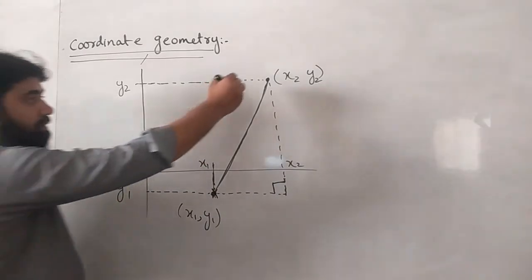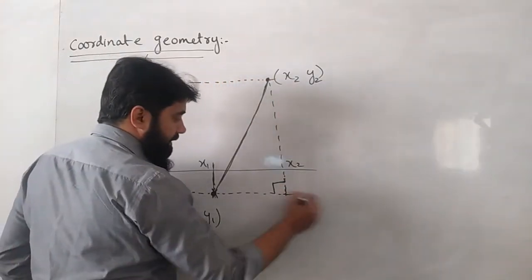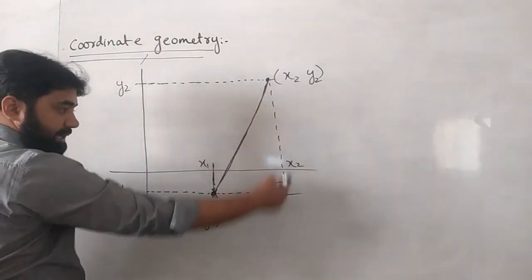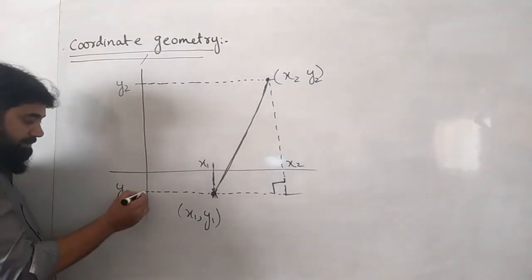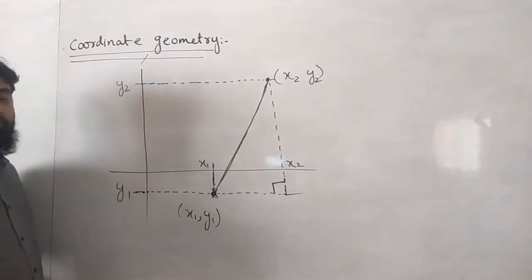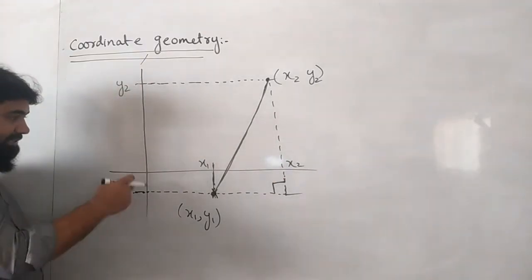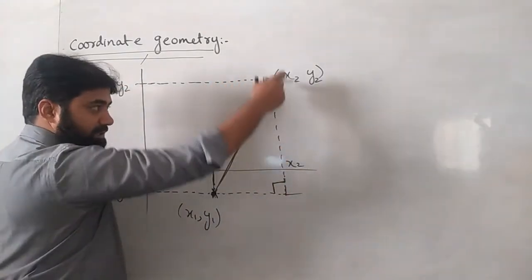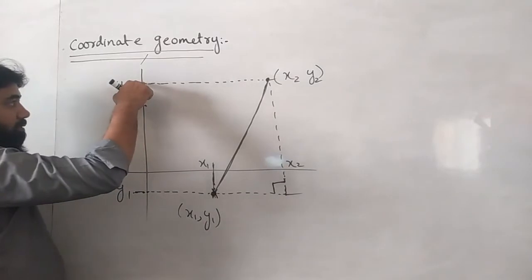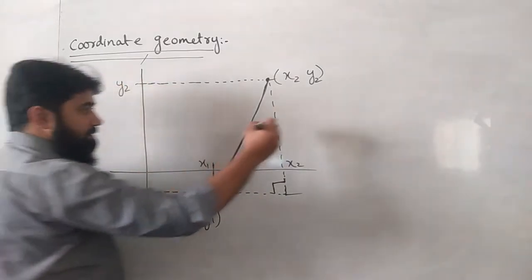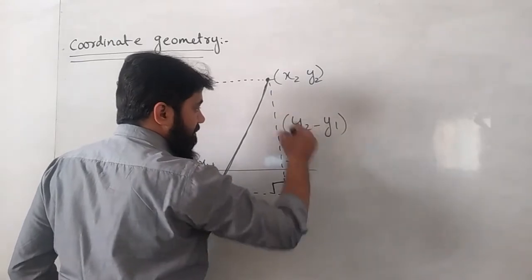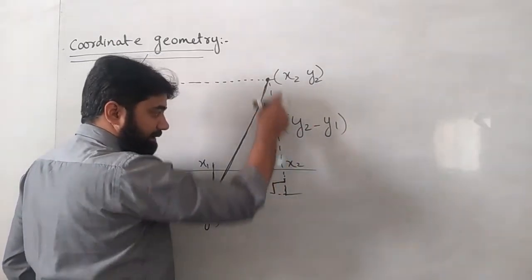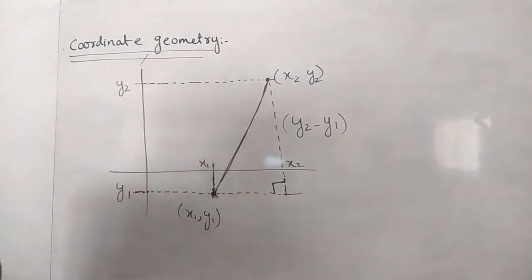First of all, I am going to find this length. How much is this length? It is y2 minus y1, highest value minus lowest value, and that gives me this whole length.